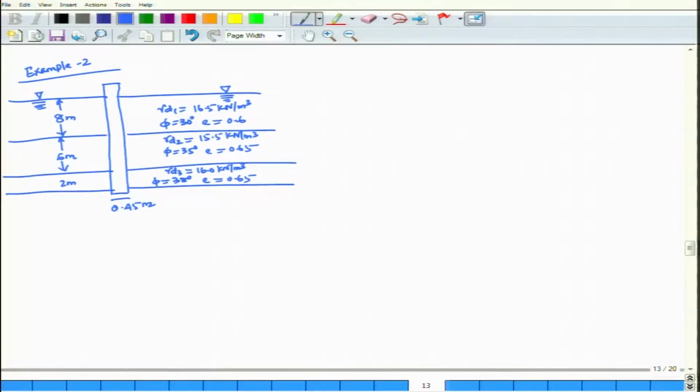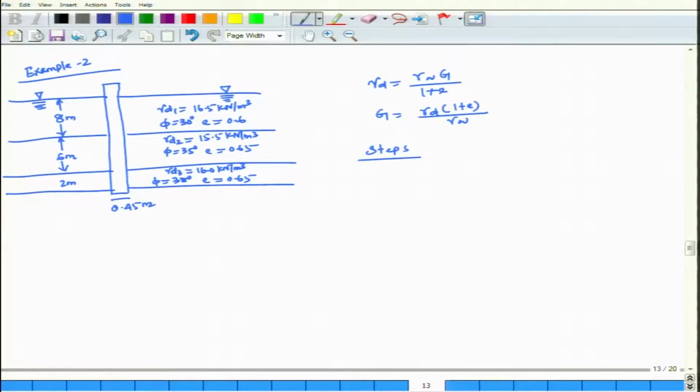So, gamma D1, gamma D2, gamma D3 are given. If I write it in the formula, gamma D is equal to gamma W G by 1 plus E, then G is equal to gamma D into 1 plus E by gamma W. So, what are the steps you have to follow?